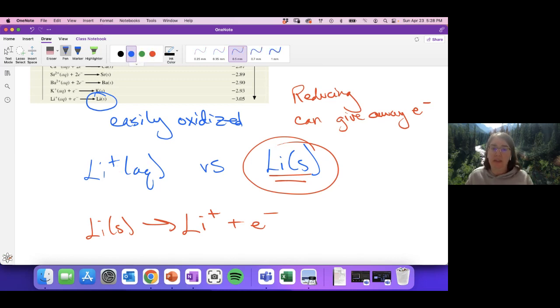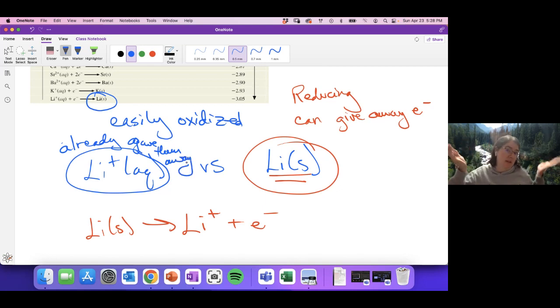But lithium plus doesn't have any more electrons to give away. It already gave them away. So lithium plus can't help you out as a reducing agent. It's totally happy like it is.